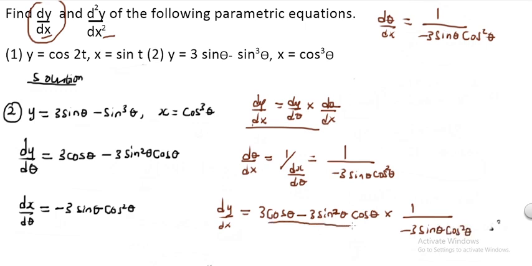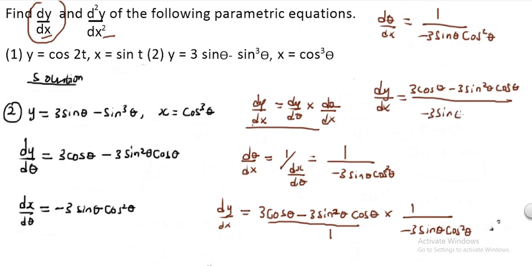So at this point, I can give this a denominator of 1. So I can say dy/dx will be 3 cos θ minus 3 sin² θ cos θ divided by minus 3 sin θ cos² θ. At this point, you often want to look at whether you can simplify your dy/dx. You can simplify this by factorizing 3 cos θ from the numerator and 3 cos θ from the denominator.